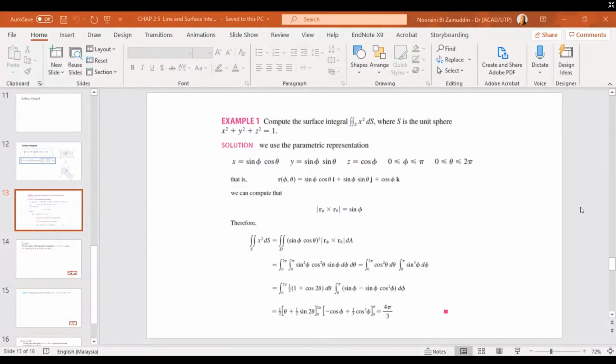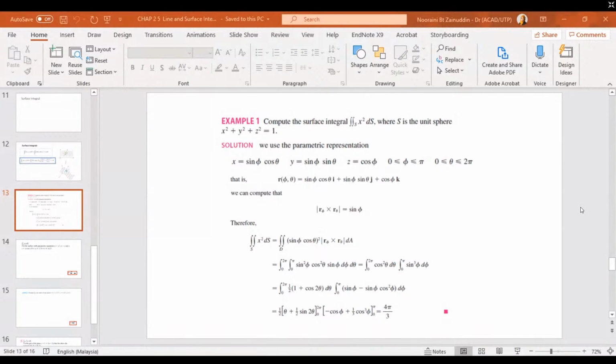So this we already discussed last week, and I asked you to try to calculate the R phi cross product with R theta, whether you should get sine phi there. Did you try this question at home?